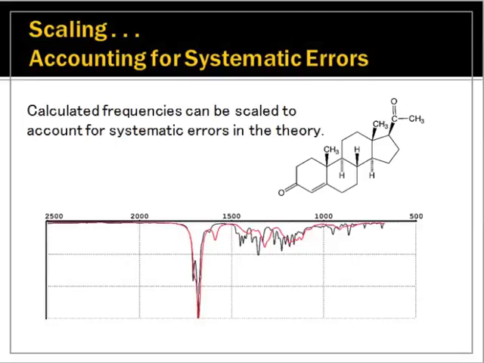Now, why are they different? They're different for a number of reasons. One, the theory isn't perfect. Secondly, the experimental spectrum still has other components in it which are due to rotation and the like, and so you have higher order terms, but the basic bands are all there.